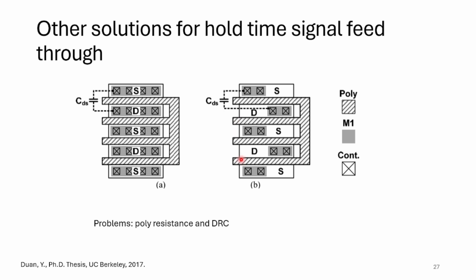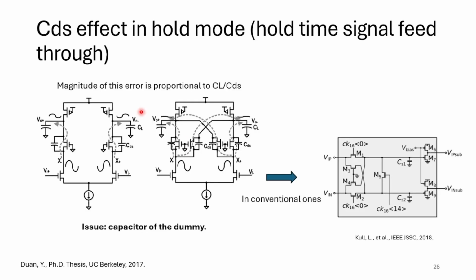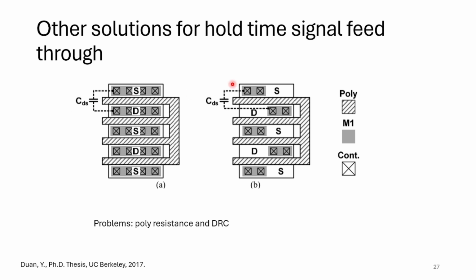To remove this, you can remove the effect of the coupling. By coupling, I mean the coupling between drain and source, by using a more related layout for high speeds, to remove the coupling between source and drain.